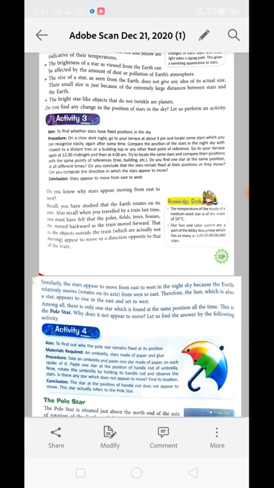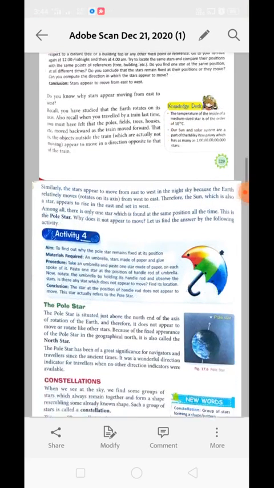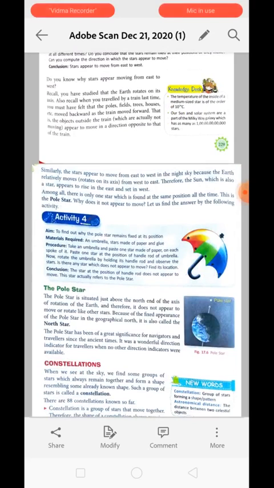Now among all the stars present in the sky, there is one bright star that does not show any motion. That star is known as the pole star. But why does it not appear to be moving? To understand this, we need to perform activity number 4.